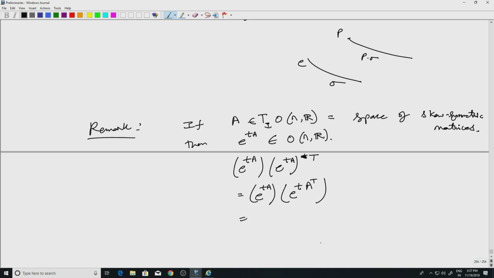Using the fact that A and A transpose commute, this is e to the power t times A plus A transpose, and since A is skew symmetric, this will be e to the power 0, which is identity. In other words, e to the power tA is an element of On because multiplied by its transpose it is identity.